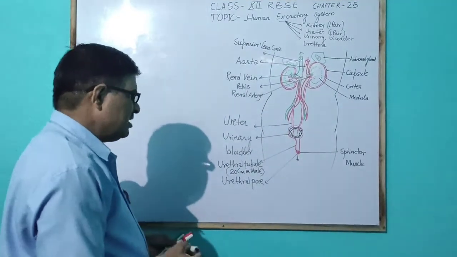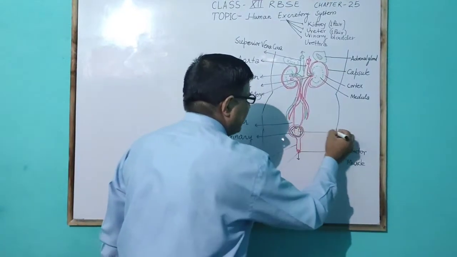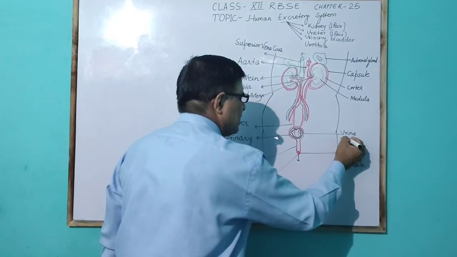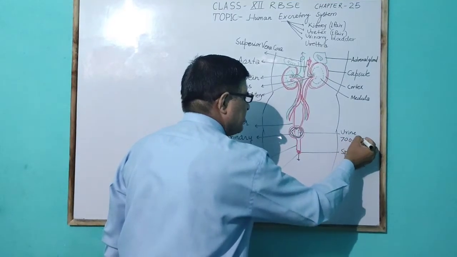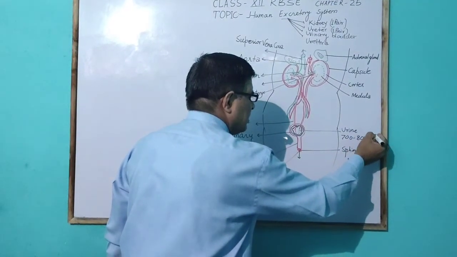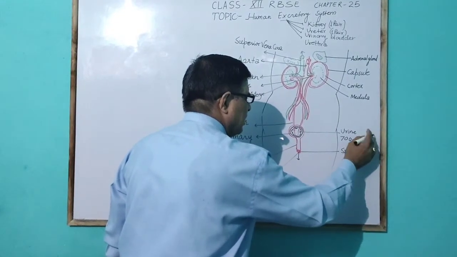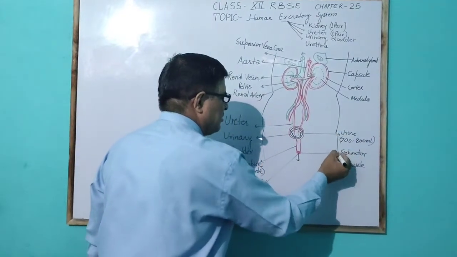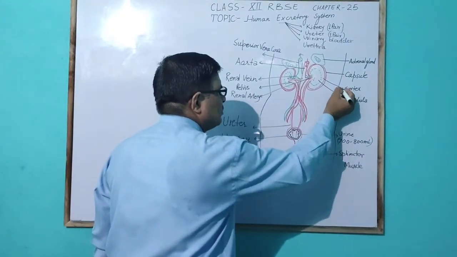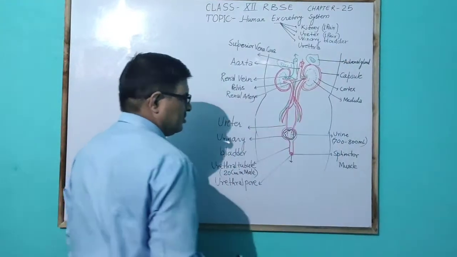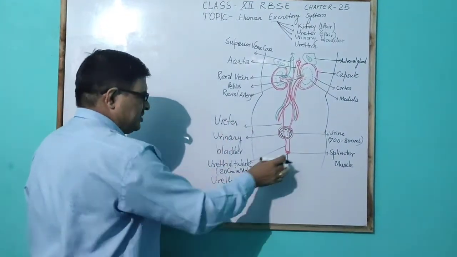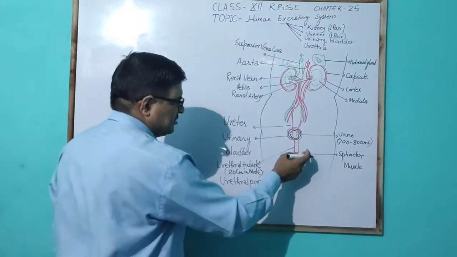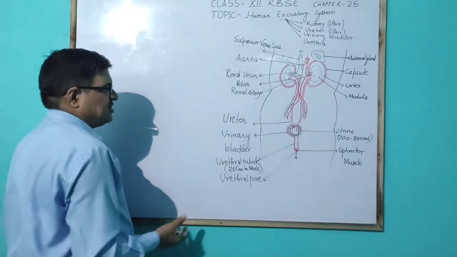Generally, in the urinary bladder, about 700 to 800 ml of urine is collected, and later on this urine passes out through the urethral tube to the urethral pore when the sphincter muscles are in a relaxed condition.